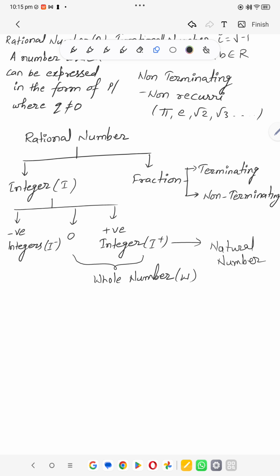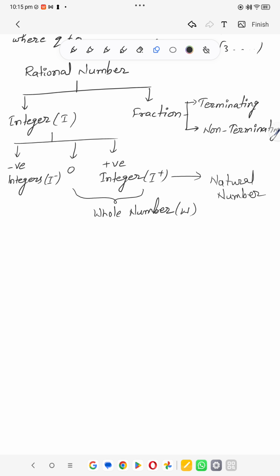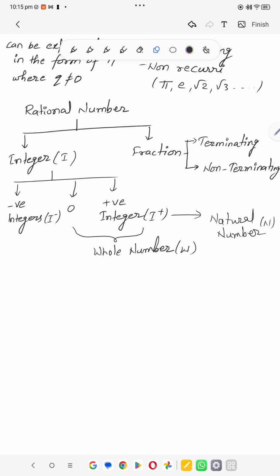So up to here I think we will not have any problem. Natural number is generally denoted as N, whole number as W, integer as I, fraction is of two types: terminating and non-terminating.